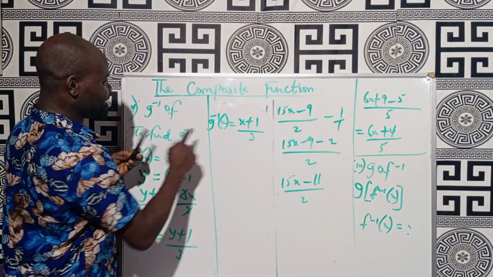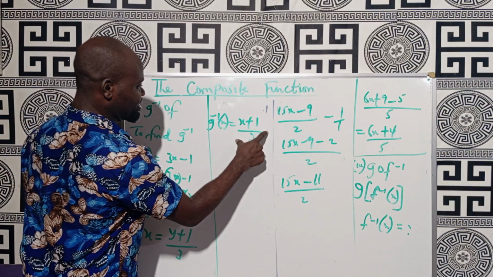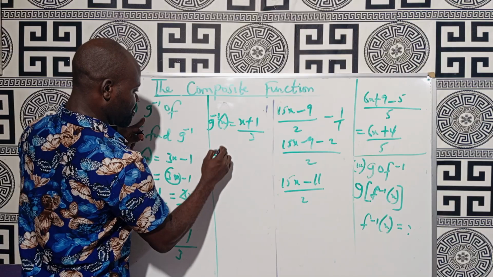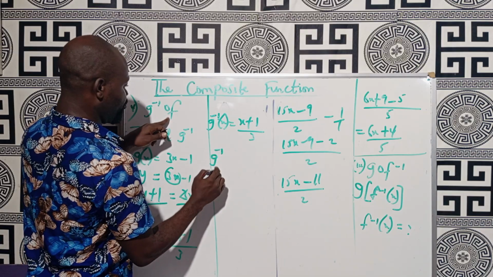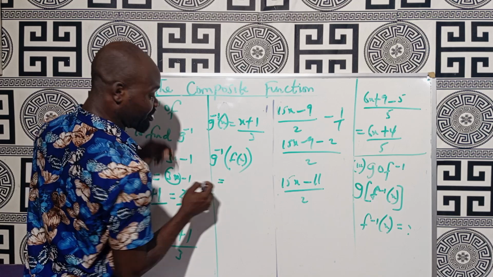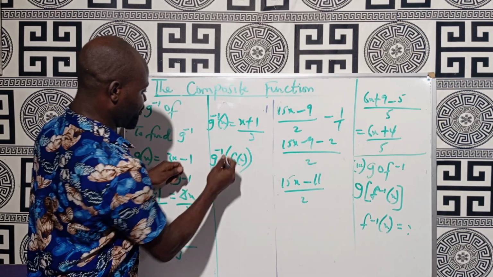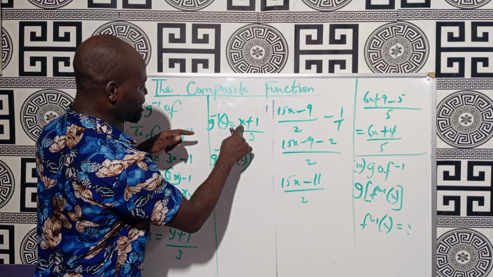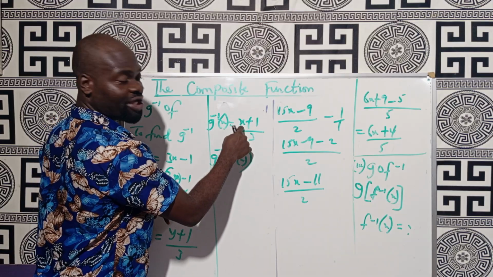Now since g inverse of x is this, therefore g inverse of f, which means of f of x now, you understand me now? Just follow it. Whenever you see x, you remove it and put f of x there and write the rest.